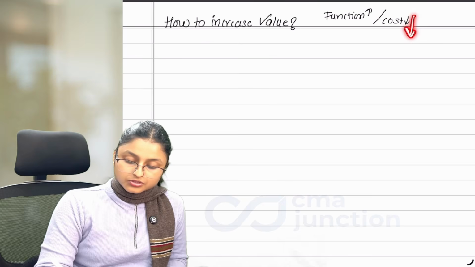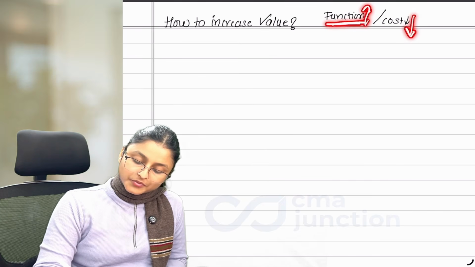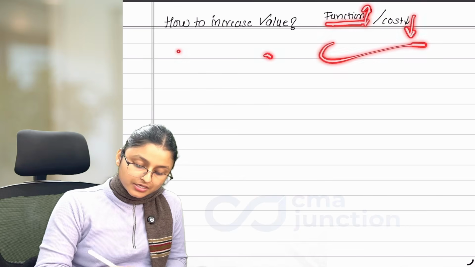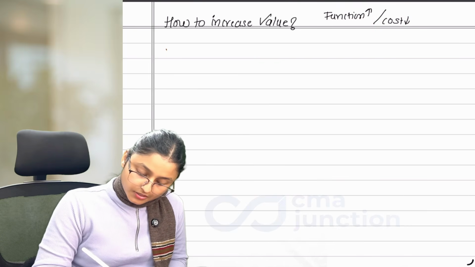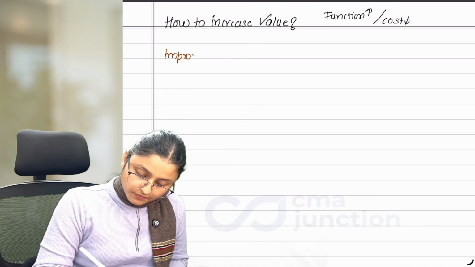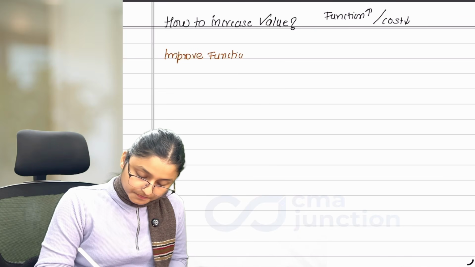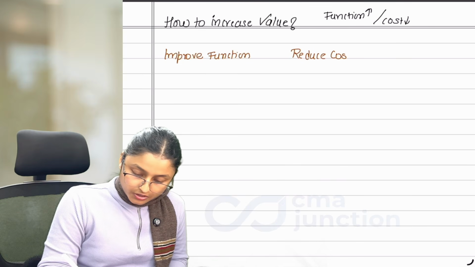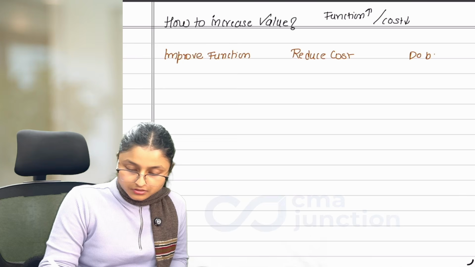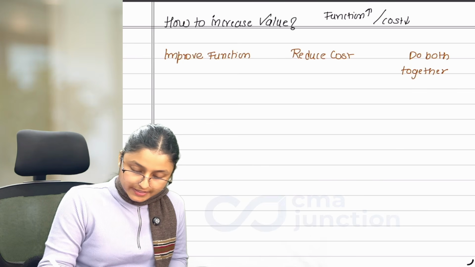Either you will reduce the denominator or improve the numerator, and the same thing we are doing here. So we need to improve the function, we need to reduce the cost, or we can do both together, right?